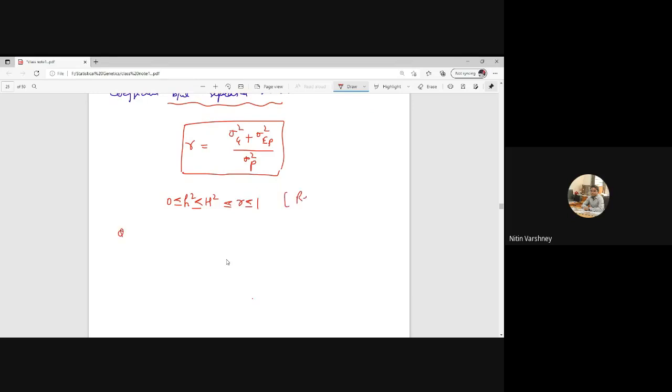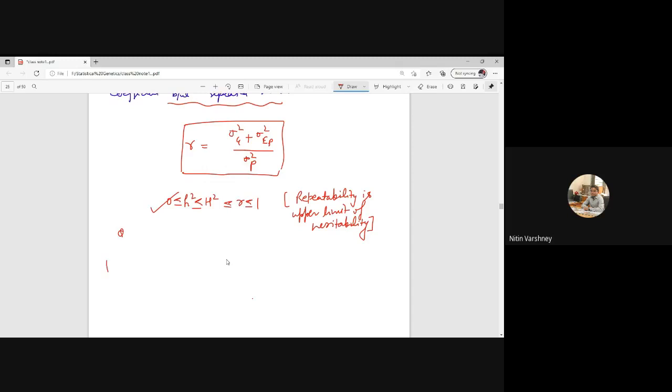So repeatability is known as the upper limit of heritability. So this is the range of this.